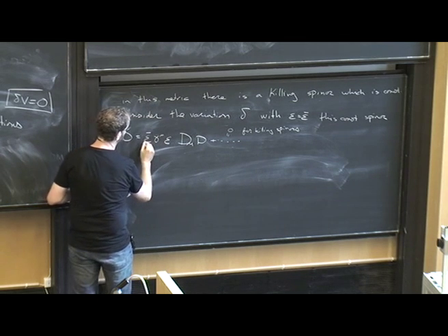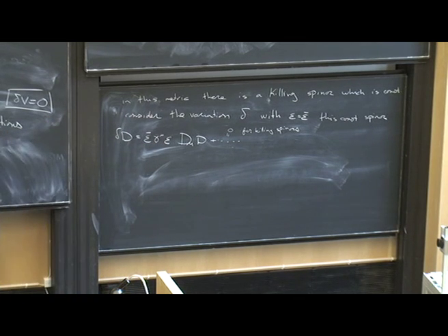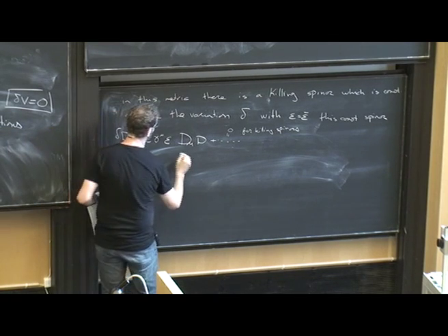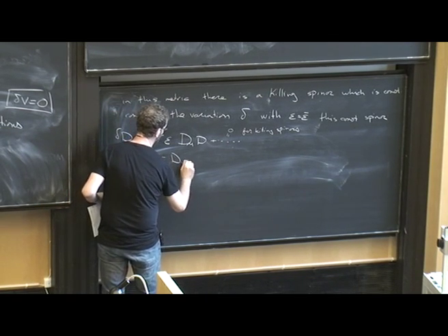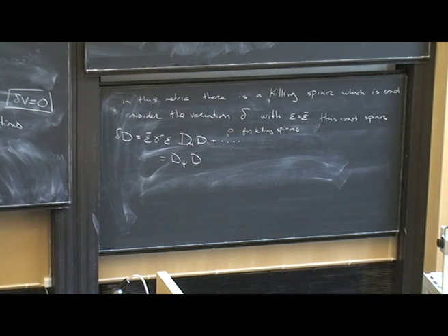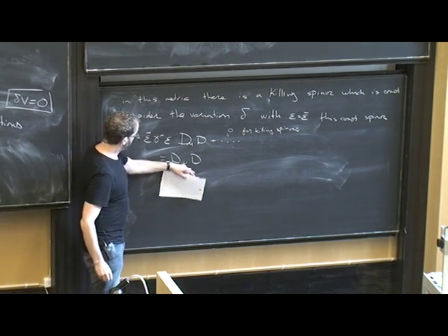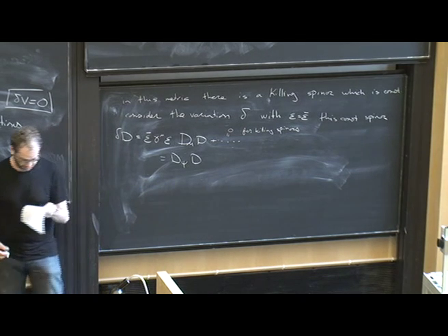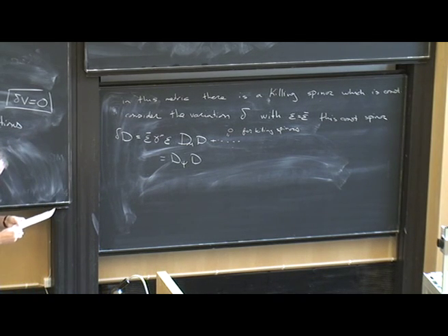Now, this vector is exactly going to be this thing. So this is equal to d psi of D. So everywhere, as I said, translations along the psi direction are going to be symmetries.